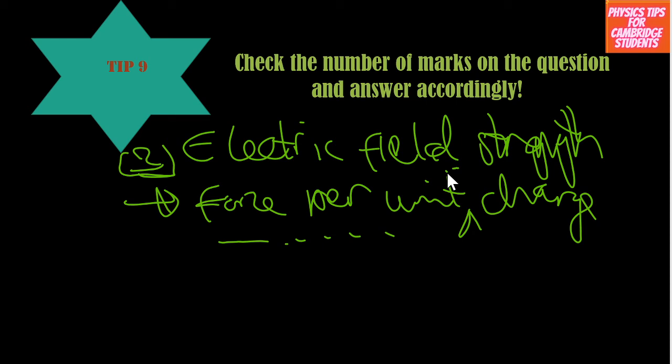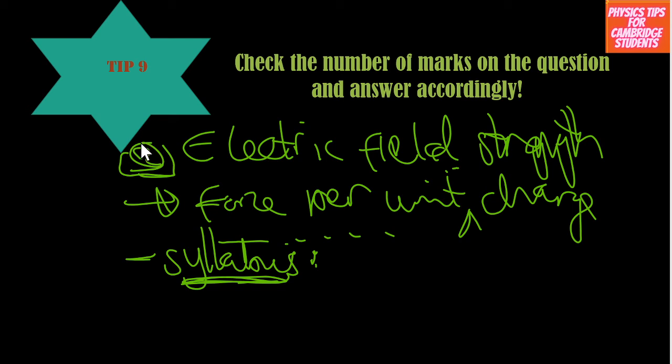On that note, in my video on preparation of physics exams, I mentioned that you should go through the syllabus and check the definitions according to the syllabus. So you need to answer questions the way the syllabus wants. In some syllabi, they would want just 1 mark for this one.